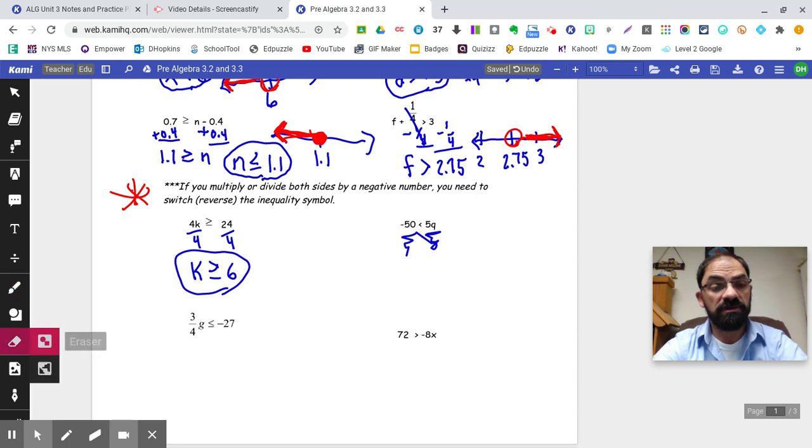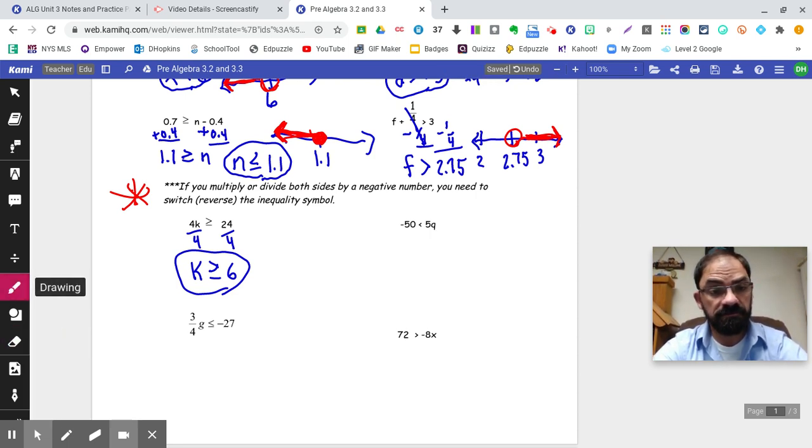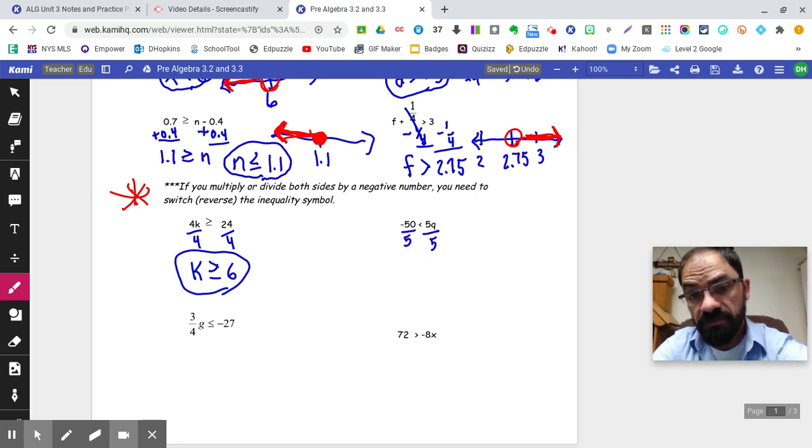It's awful slow this morning. Divide both sides by 5. I get negative 10 is less than q, but I want to flip that. So q is greater than negative 10.